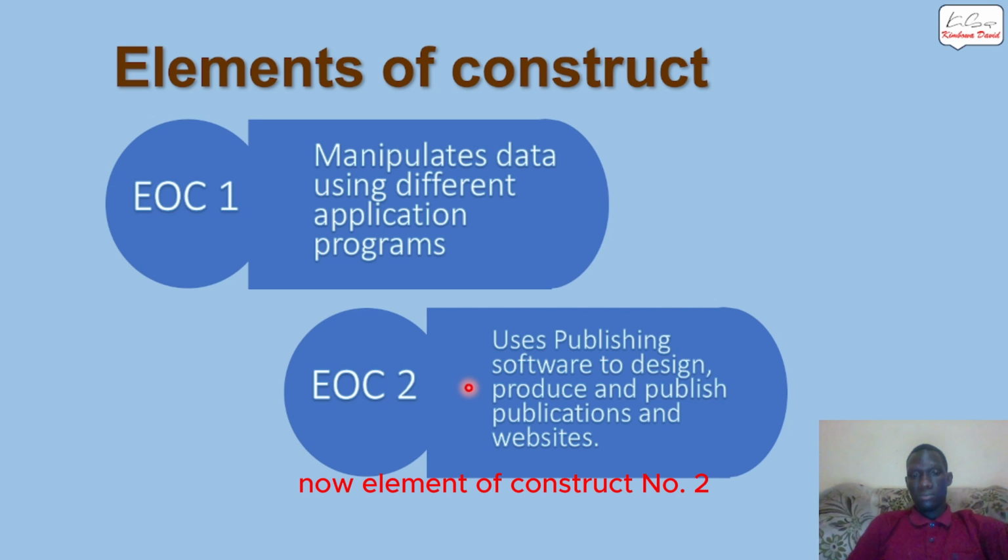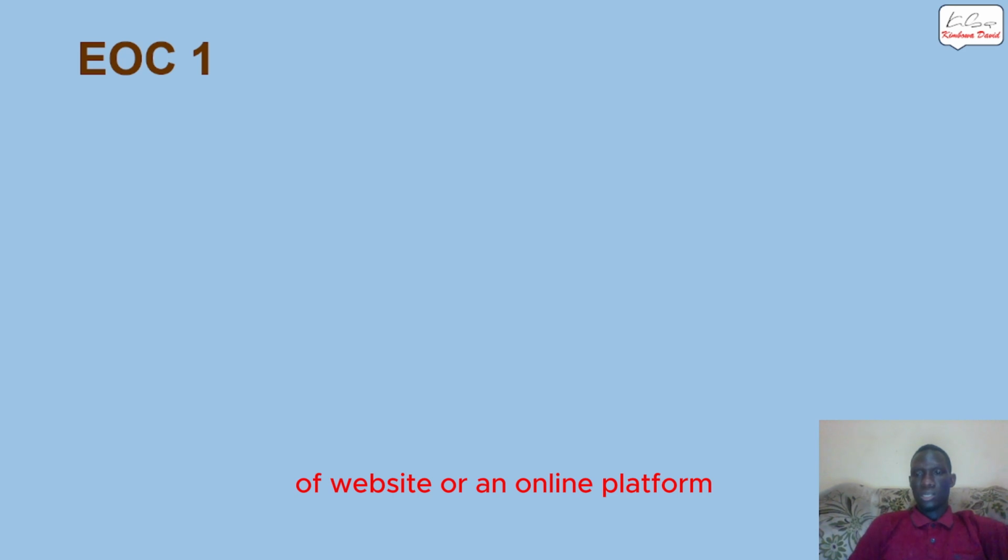Now, element of construct number 2, the learner uses publishing software to design, produce, and publish publications and websites. So he has actually to read and understand the problem given at hand, and then uses the publishing software he or she is used to, and comes up with a design of a website or an online platform.